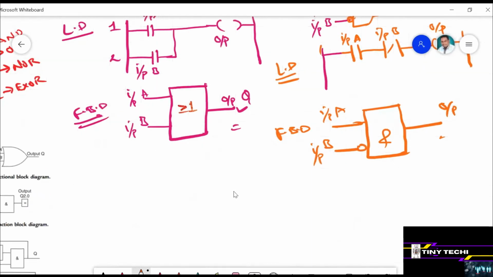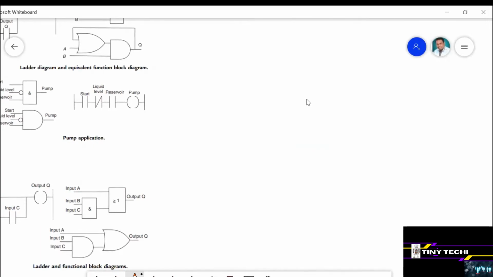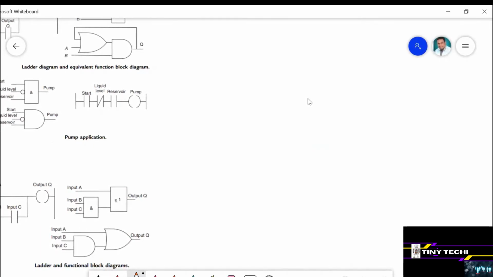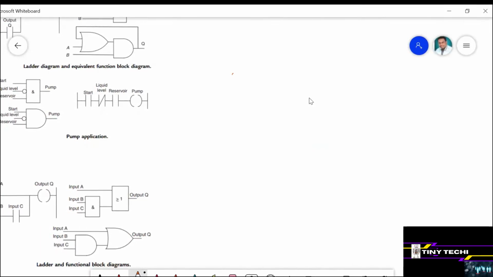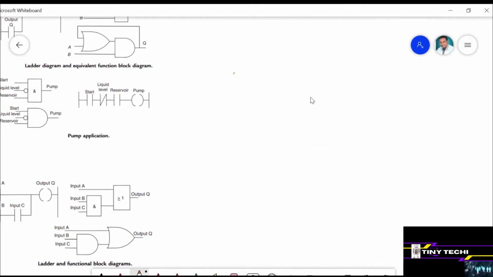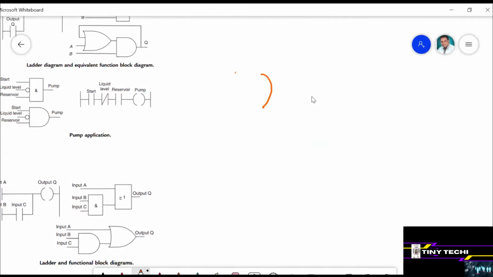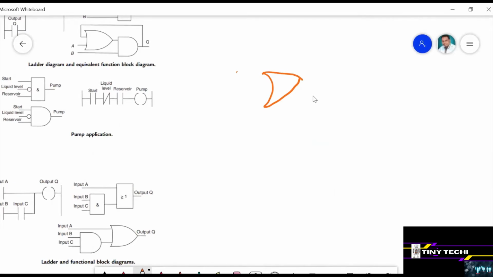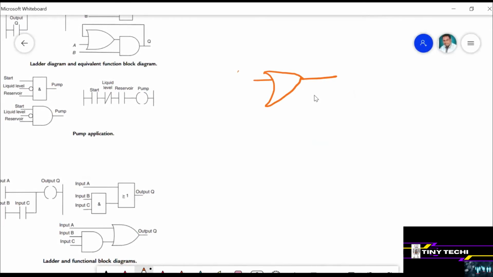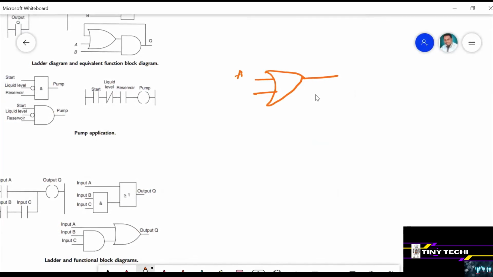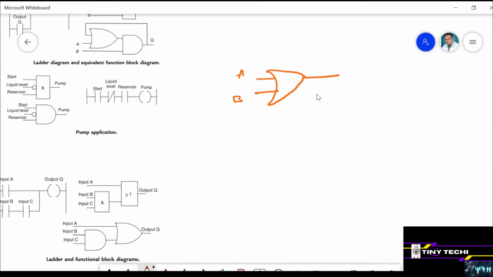After that, we are going to discuss this. Can we implement the ladder diagram for this? Please try to implement it. The OR gate has two inputs.